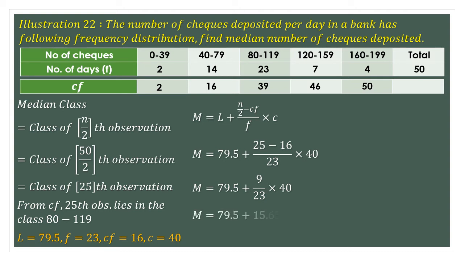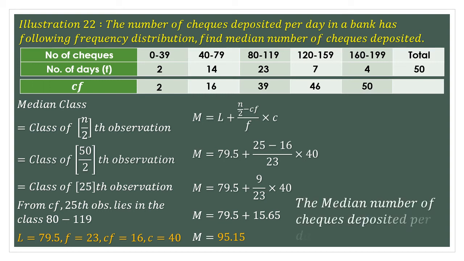So 9 upon 23 into 40 will be 15.65, and when you add it, the median is equal to 95.15. So just write a statement that the median number of checks deposited per day is 95.15 checks.